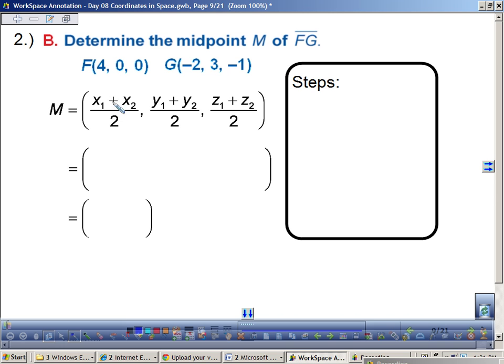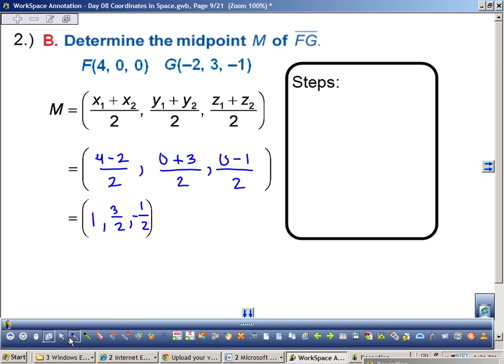So, since we're adding, doesn't really matter, right? So 4 and -2 divided by 2, 0 and 3 divided by 2, and 0 and negative 1 divided by 2. Makes 1, comma, 3 halves, comma, negative 1 half.